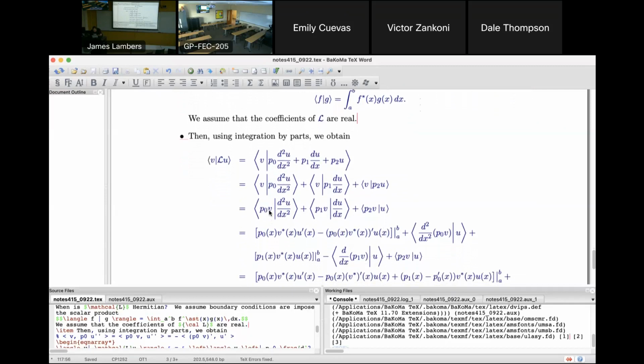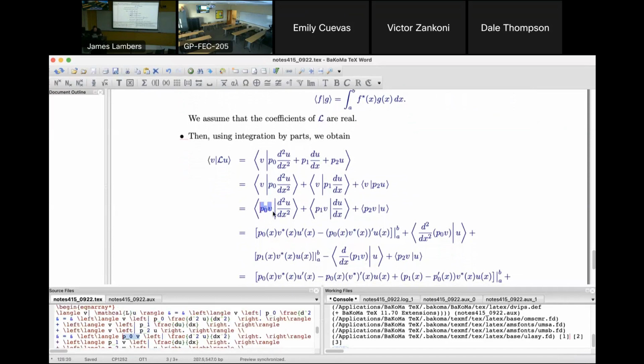Then with the first two terms, I carry out integration by parts. In your integration by parts, you're working with the integral of u dv. So this is playing the role of the u. This is playing the role of the dv, because it's already being differentiated.